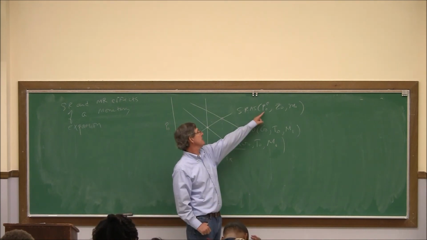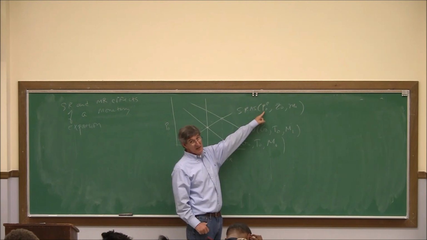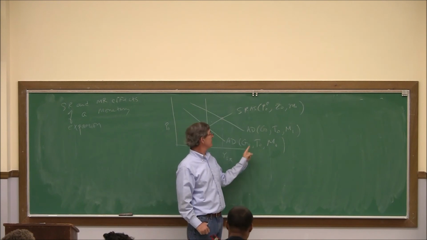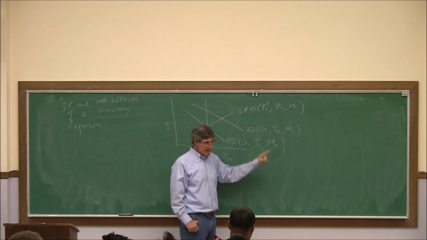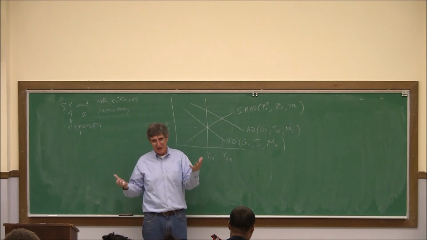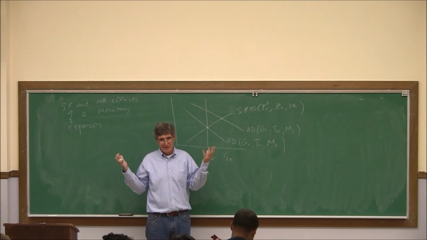It's because our expectations are fixed. We don't let these expectations adjust immediately, and later, we'll argue that they might. Because if this were a fully anticipated increase in the money supply, people might say, oh, the Fed's increasing the money supply, that's going to cause prices to go up. I learned that in college.